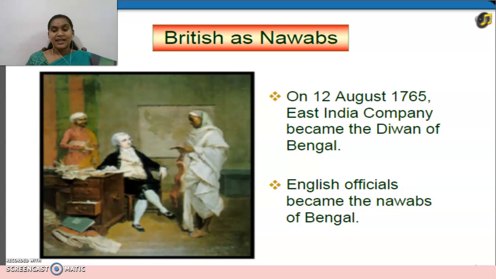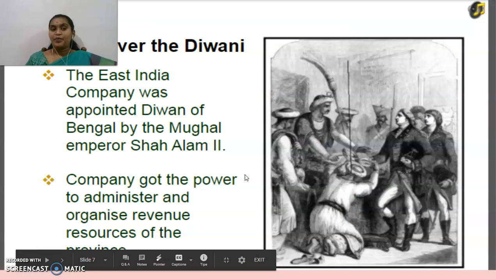That is the reason the English officials, that means the officials of the East India Company, became the Nawabs of Bengal. So who was the Governor General at that time? Yes, he was Robert Clive.